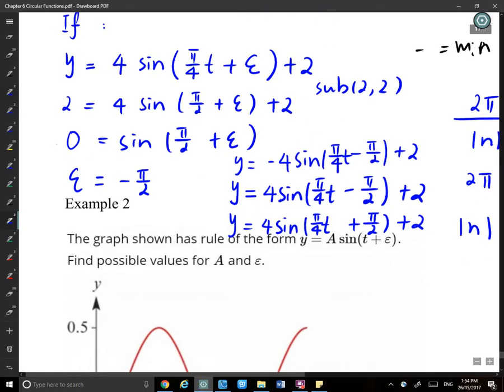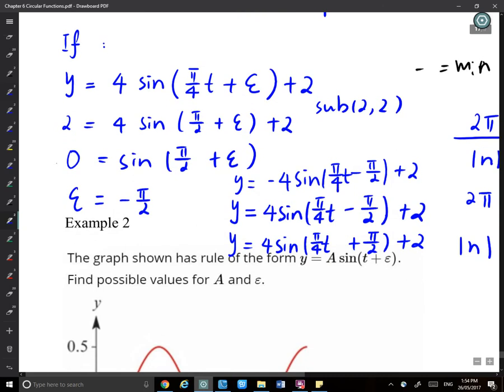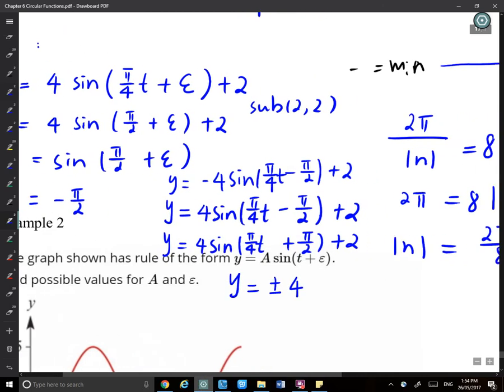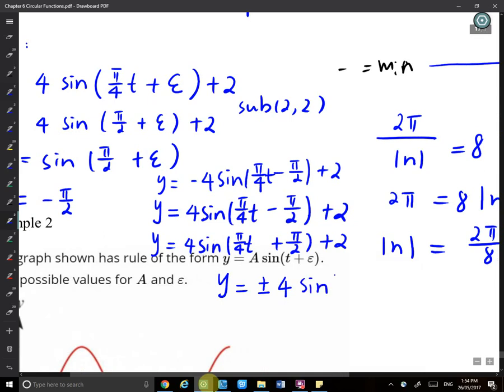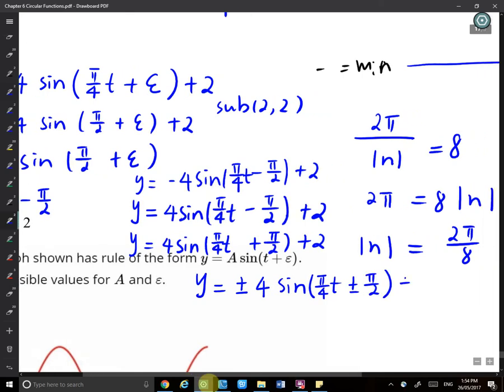So in other words, I can have y equals plus or minus 4, it doesn't matter, sine of pi over 4 t plus or minus pi over 2, it doesn't matter, and then plus 2. Any combination will be correct.